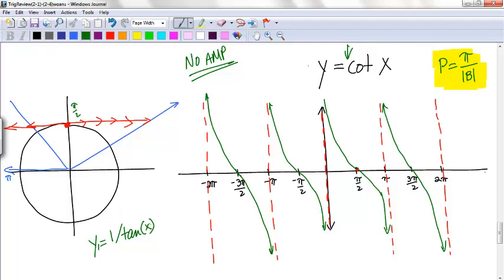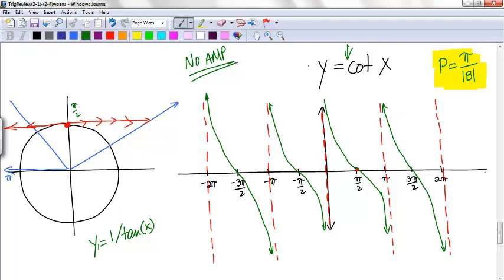And we're still in Zoom Trig. On mine, it's showing the solid lines. If I graphed this on my paper, I'd make sure those asymptotes were dashed. Asymptotes have to be dashed. They can't be solid. Now, that's one way to put that graph in.